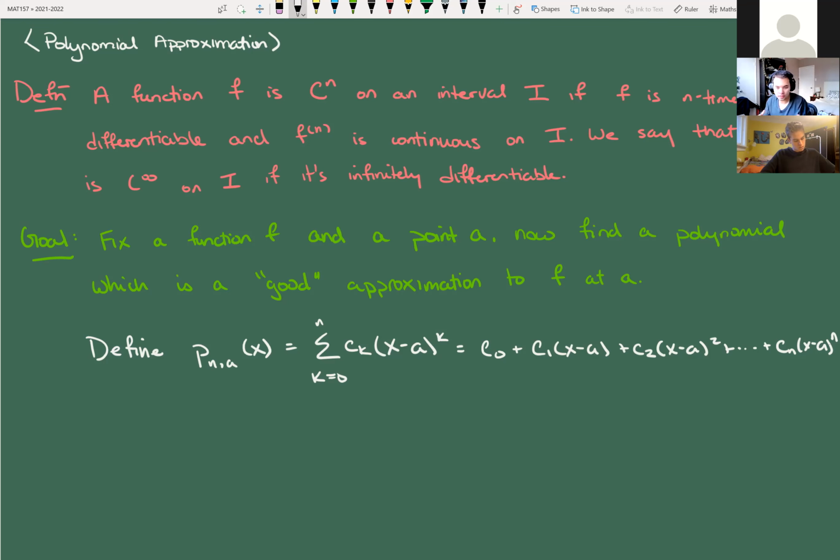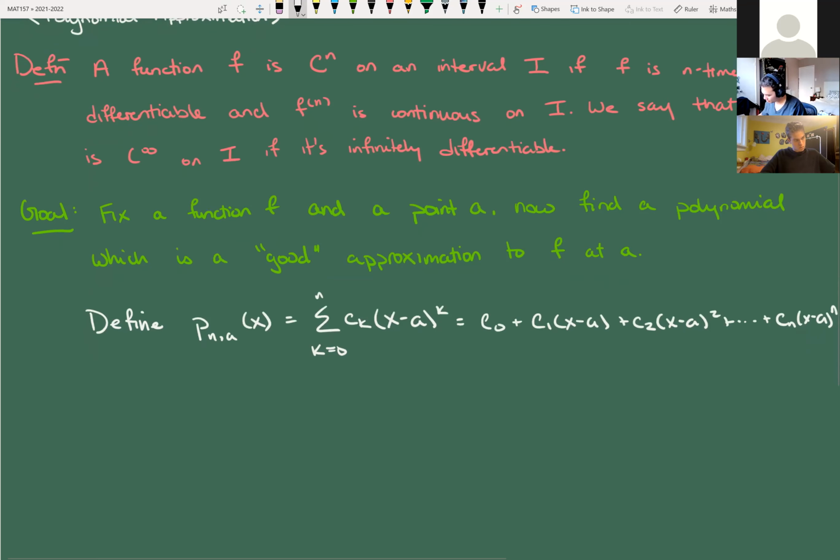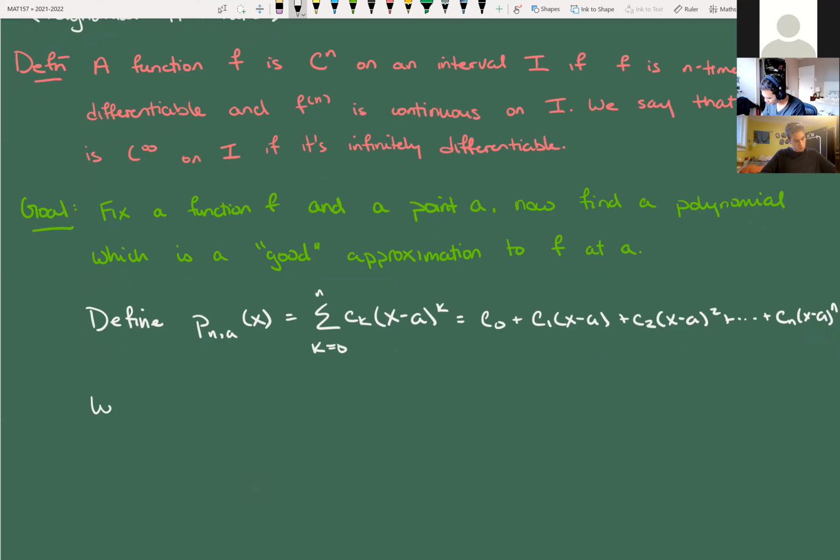So our goal here is to figure out what the coefficients should be. How do we choose the c_k to approximate a function f?